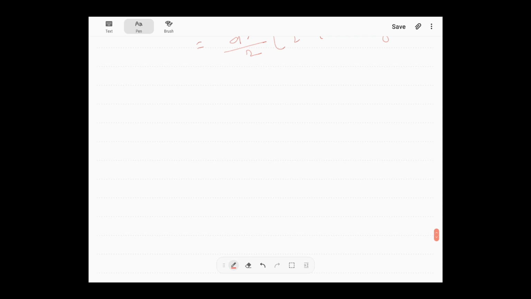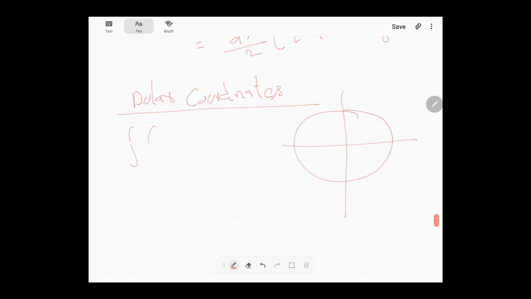One more concept I will give you for two variables is called evaluation of double integrals in polar coordinates. I will consider the same example. Let us evaluate the double integral over that region of xy dx dy, but using polar coordinates.